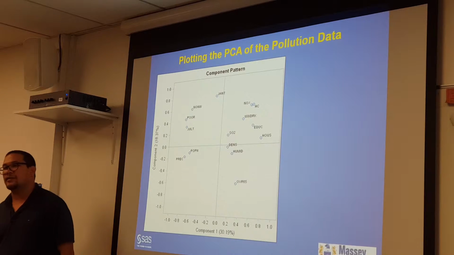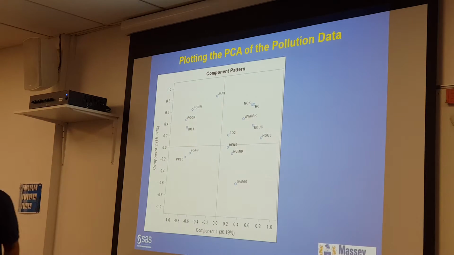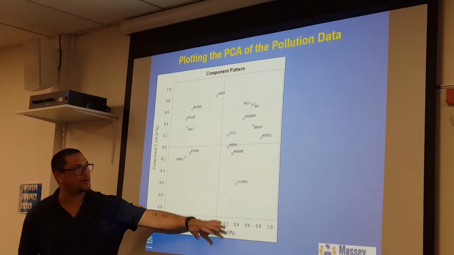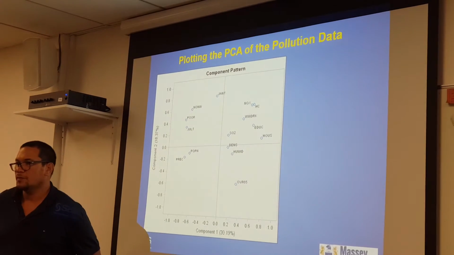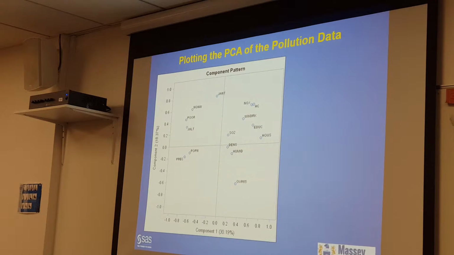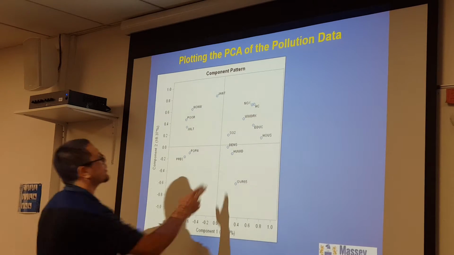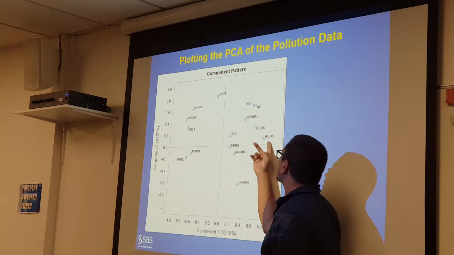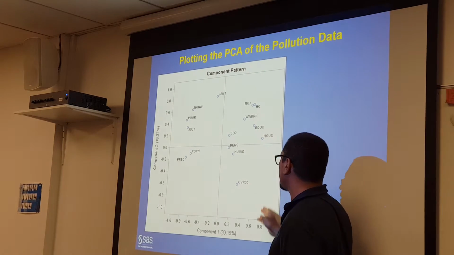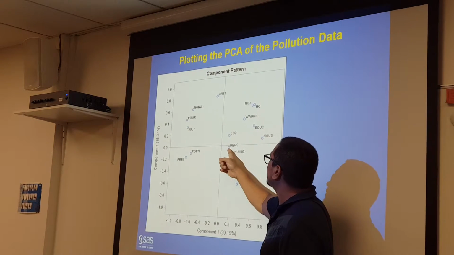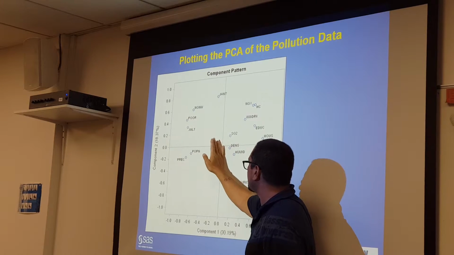So this is basically showing you how the original data variables relate to PC1 and PC2. So we know housing is strongly loaded with respect to PC1. Density is not particularly, it's quite close to 0.